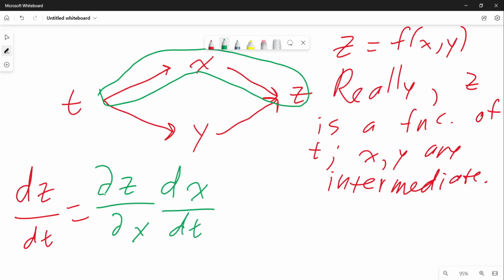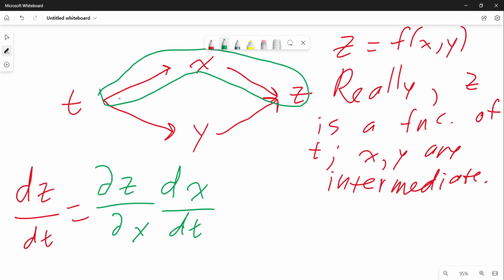I'm not too strict if you mix up these del's and d's, but other people, including the textbook, are very strict about it. So basically use a regular d if there's only one input to whatever's in the numerator. We use these curly partial symbols if there's more than one input. Z has more than one input, so we use a partial.